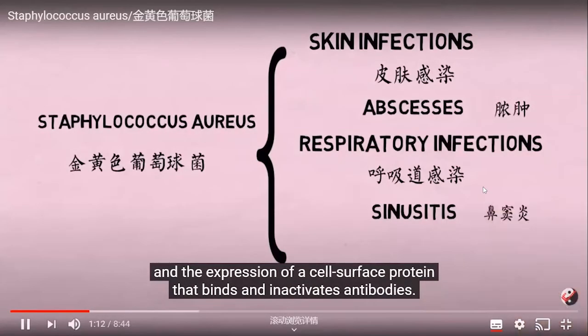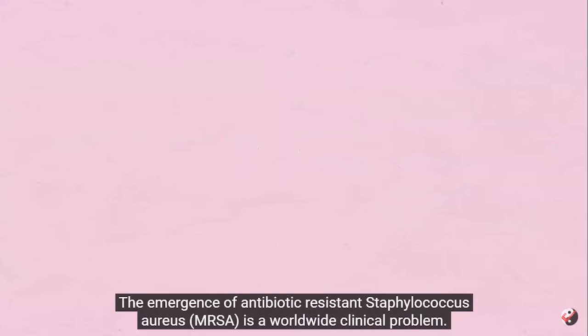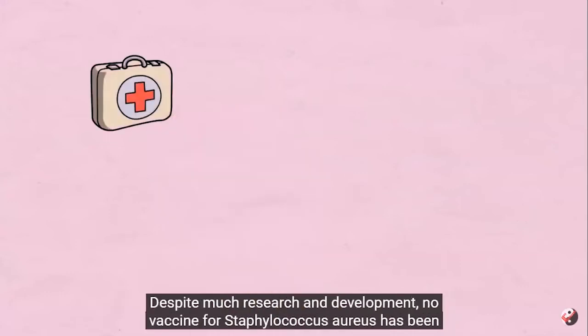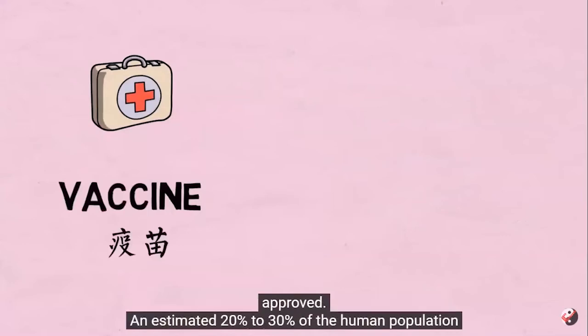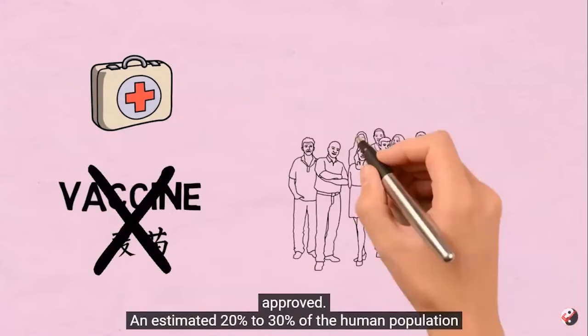Pathogenic strains often promote infections by producing virulence factors such as potent protein toxins, and the expression of a cell surface protein that binds and inactivates antibodies. The emergence of antibiotic-resistant Staphylococcus aureus, MRSA, is a worldwide clinical problem.